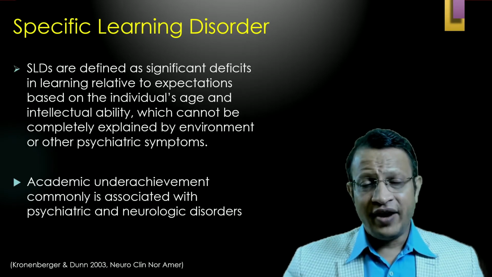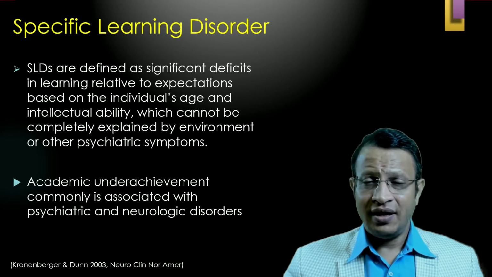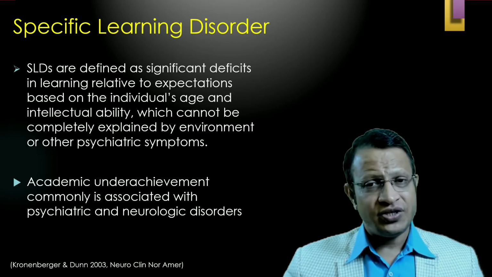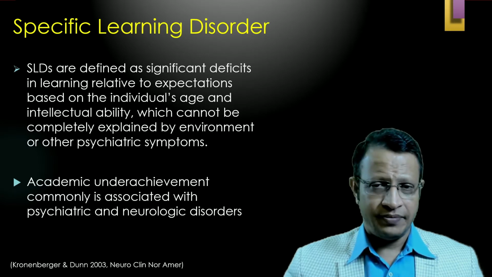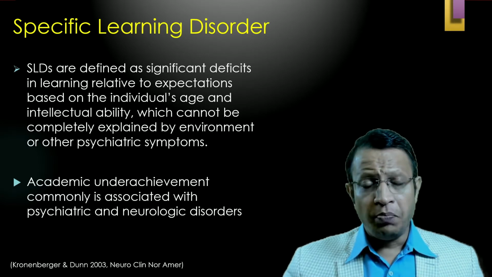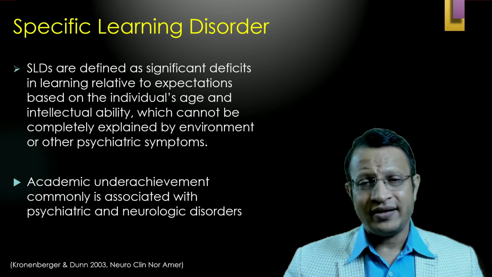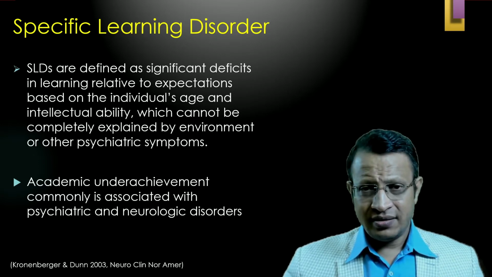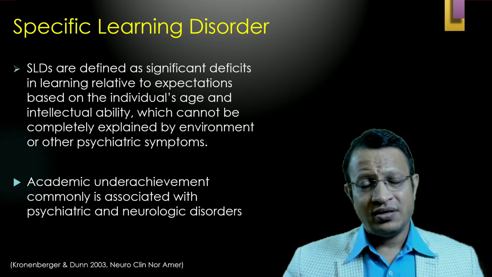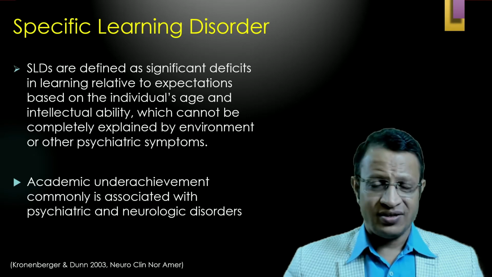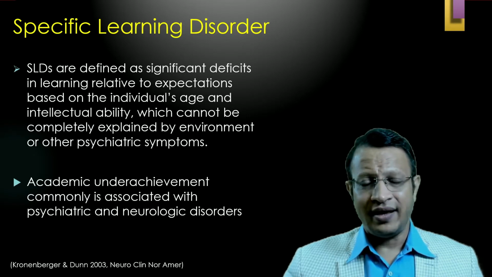SLD is defined as a significant deficit in learning relative to the expectation based on the individual's age and intellectual ability, which cannot be completely attributed to or explained by environmental or psychiatric symptoms. That means we know children's academic gain or loss is directly dependent upon their health.